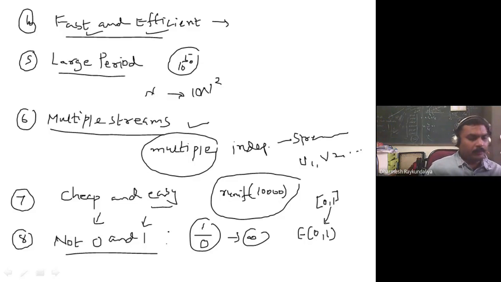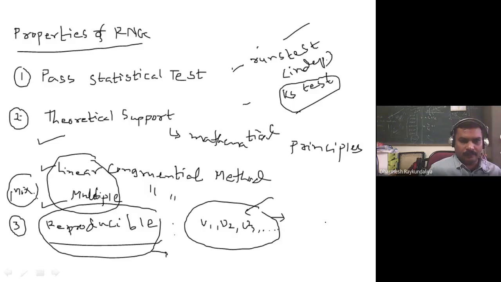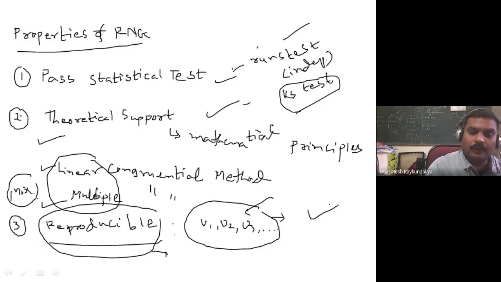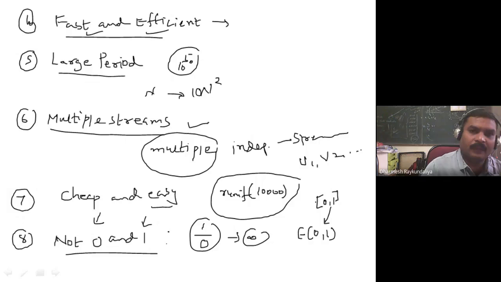So there are 8 properties we have seen. What is the first property? It should pass some statistical tests. Second, it has theoretical support. That means some mathematical calculation is associated with it; formulas we can use, some probability laws we can use. Third, it is reproducible, and it does not require storing the whole sequence of random variables. Then it should be fast and efficient: quickly accessing the data with little memory required. It should have a large period.